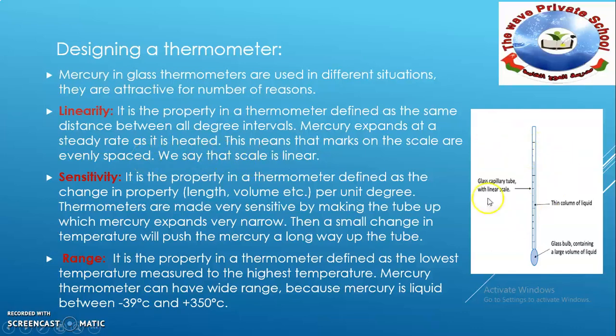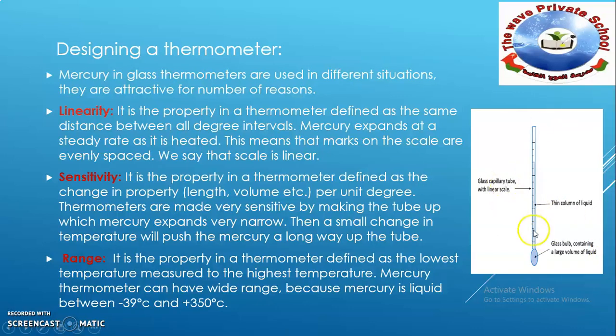As you can see here, this is a thermometer, where this side of the thermometer is shown a bulb, glass bulb, and this is a capillary tube of the thermometer. This blue area shows the liquid, the mercury. So we can say that if it is heated, then liquid expands at a steady rate.